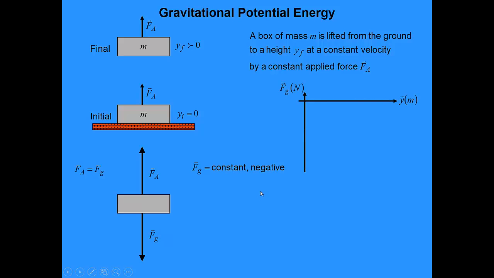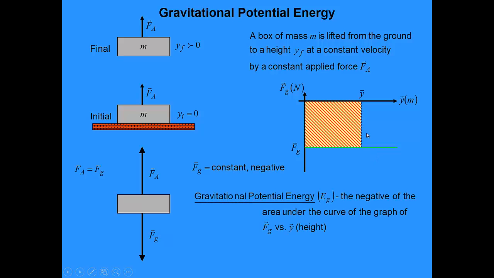So if we create a graph of the force of gravity versus height, we get a graph in the fourth quadrant. And like we did for a spring, if we lift to a height y, we then defined the gravitational potential energy to be the negative of the area under this curve, right, of the force of gravity versus height graph.